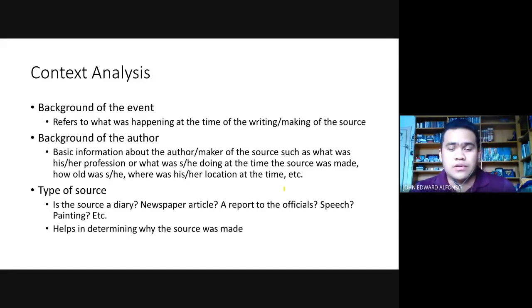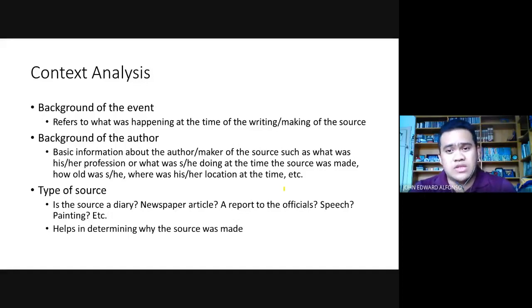For example, the event is martial law in the 1970s, and we came across a primary source that contains information during the period. Checking the background of the author is important to determine whether that source can be used in studying history, or in gaining insights, or if it will lead us to the truth.